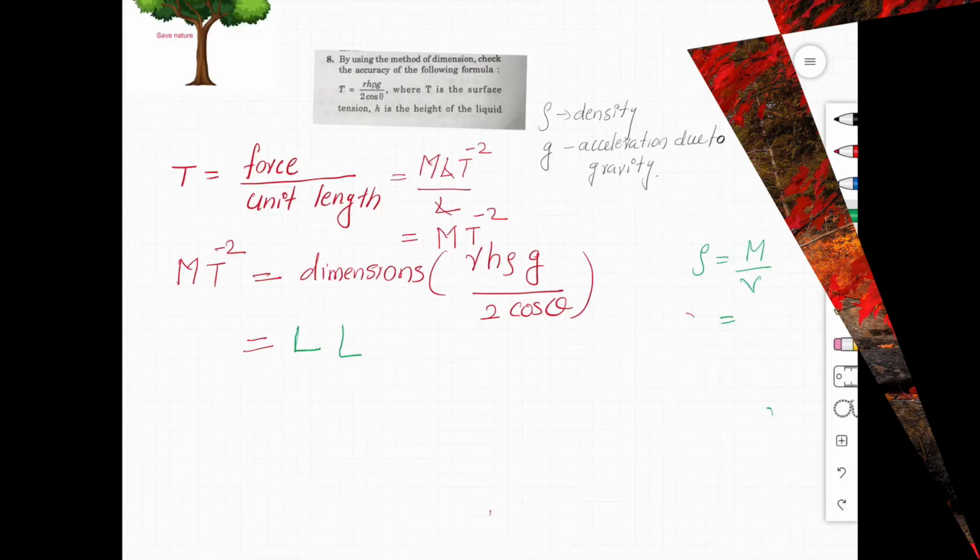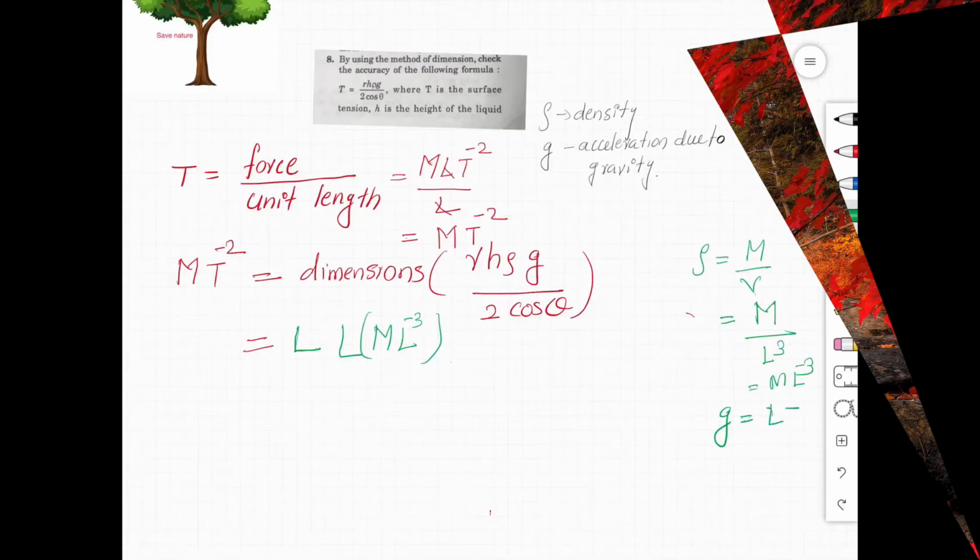So mass has a dimension M and volume has a dimension L cube. So that will be M L raised to minus 3. I am writing here M L raised to minus 3 as the dimension of rho. Next, G. G is the acceleration due to gravity, which has the same dimension as acceleration.